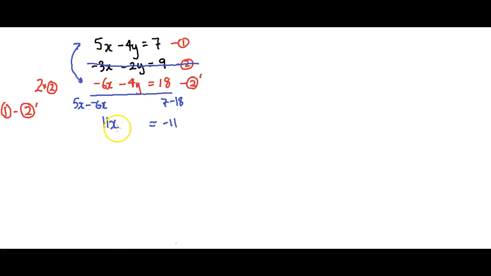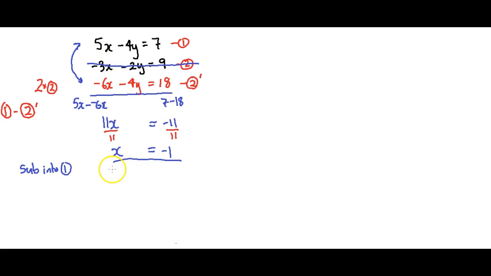Alright, so back to our work here. So 11x, we want x, so we divide by 11. That gives us x, and negative 11 divided by 11 is negative 1. I'm going to substitute into equation 1.